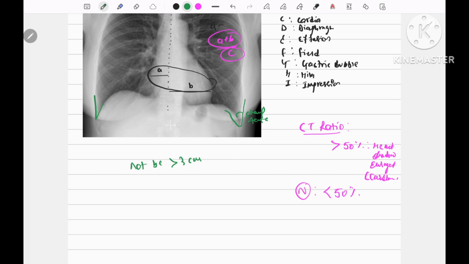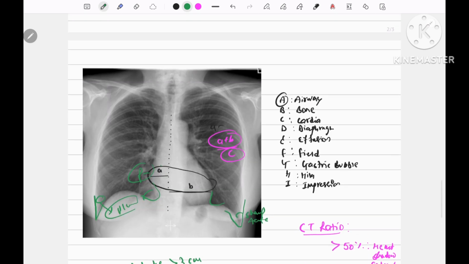So if there is effusion, the costophrenic angle will be blunt. This is the costophrenic angle, and this is the cardiophrenic angle. If there is any blunting in the cardiophrenic angle, then there can be pericardial effusion, and if there is blunting in the costophrenic angle, there will be pleural effusion. So these are the two effusions which we see in chest X-ray.